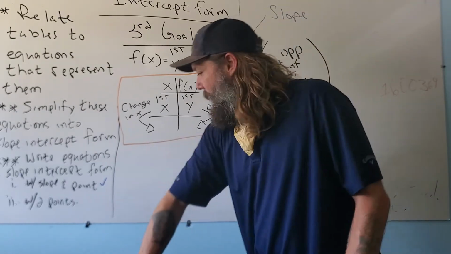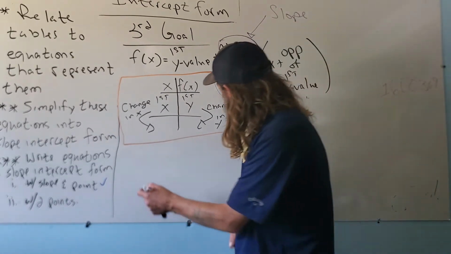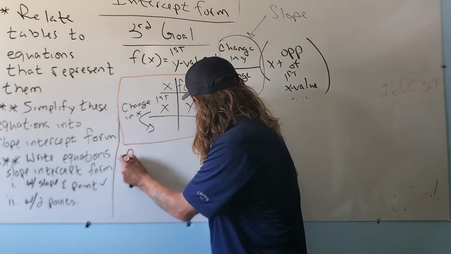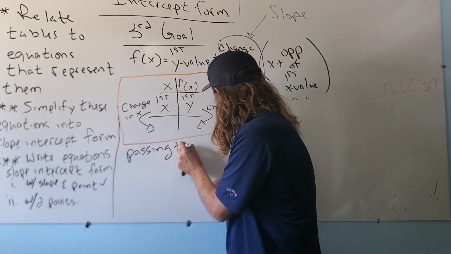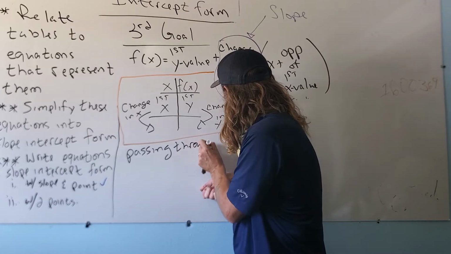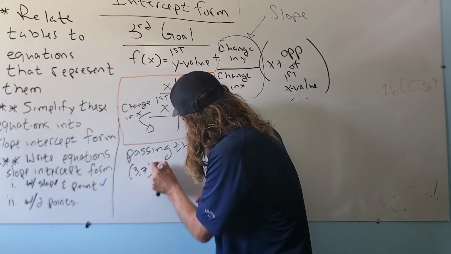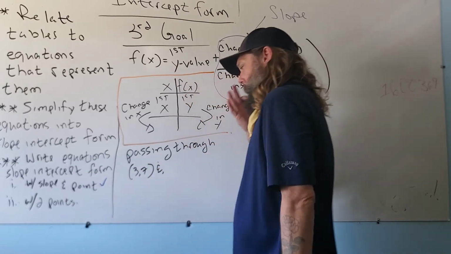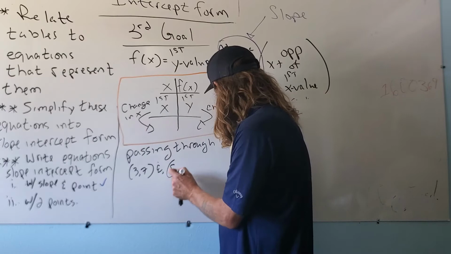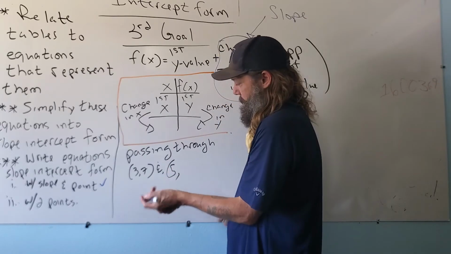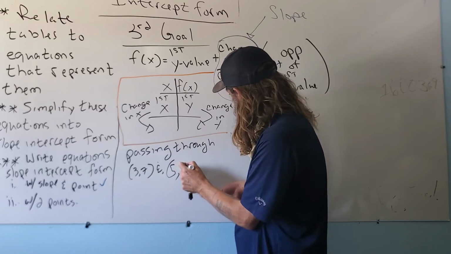Okay, I want the equation of the line passing through the following 2 points: 3 and 7, and 5 and 2.